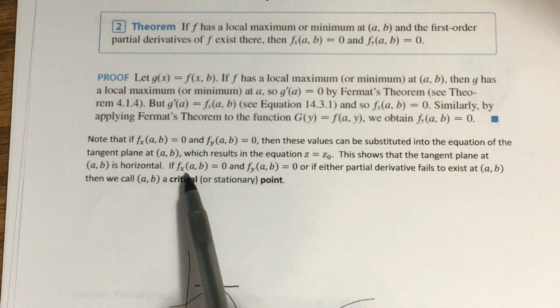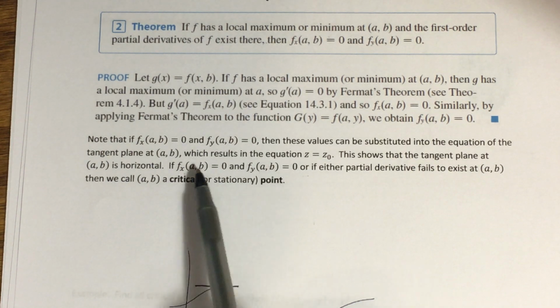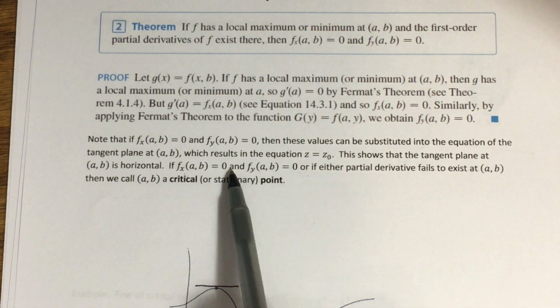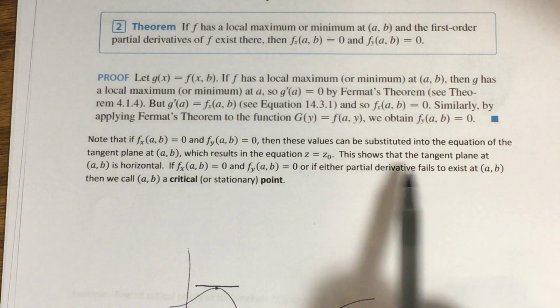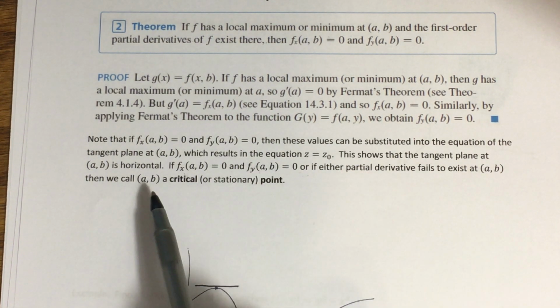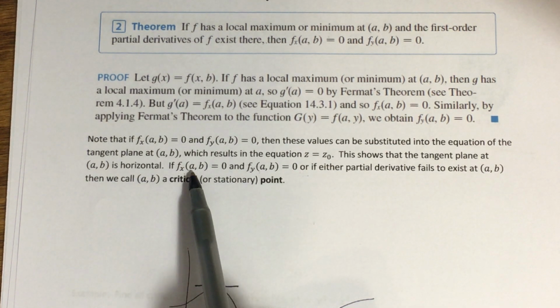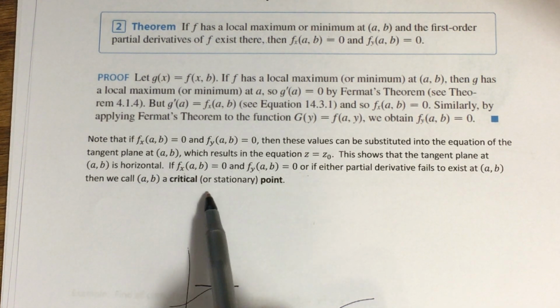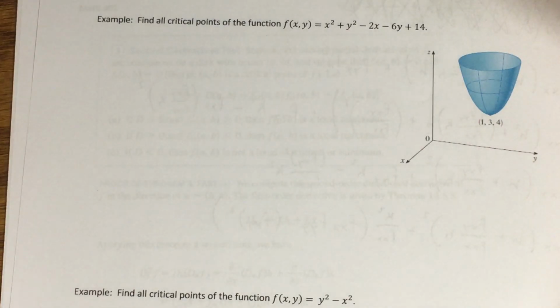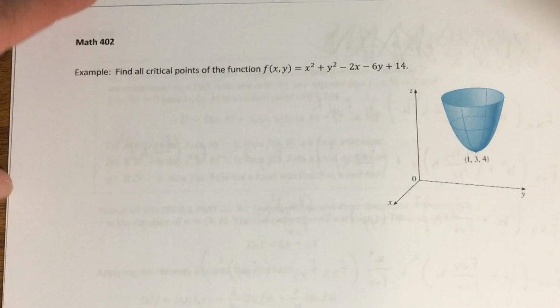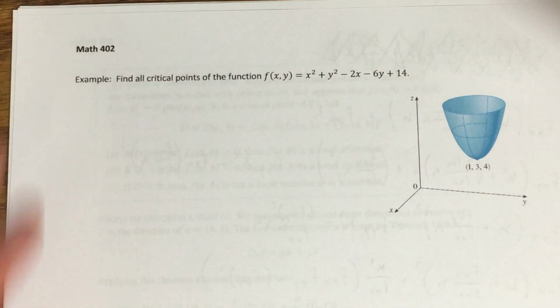Either both of the partial derivatives with respect to x and y exist and are equal to 0, both of them at that point, or if a partial derivative fails to exist, if either one of these fails to exist, then in either of those cases, the point (a, b) at which that happens is called a critical point, or sometimes we call it a stationary point.